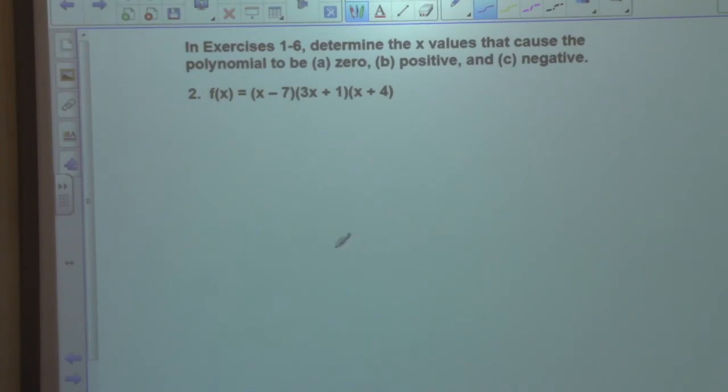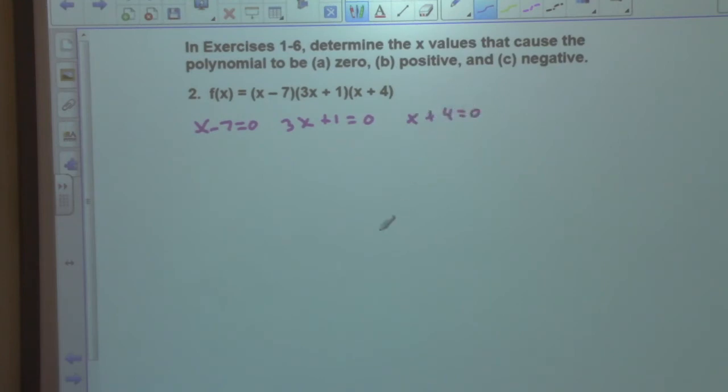Well, I made the x's into zeros. x minus 7 equals 0. 3x plus 1 equals 0. x plus 4 equals 0. Okay.